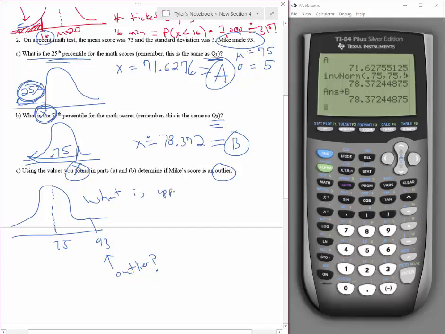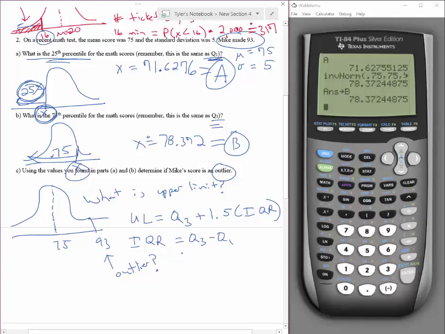You would have done this when you made box plots, to determine if something is an outlier or not. So I want to define the upper limit. Remember, I would take quartile 3 plus 1.5 times the IQR, right? But the IQR is Q3 minus Q1.